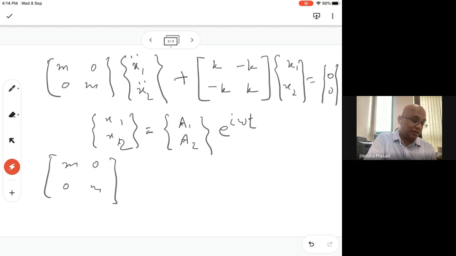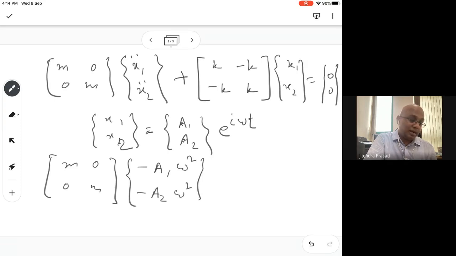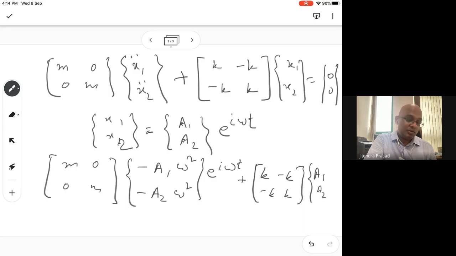So you get a1, a2, with minus omega square, times e to the i omega t, and plus k, minus k, minus k, k, times a1, a2, multiplied by e to the i omega t, equal to 0, 0.